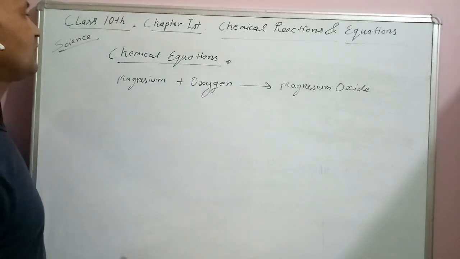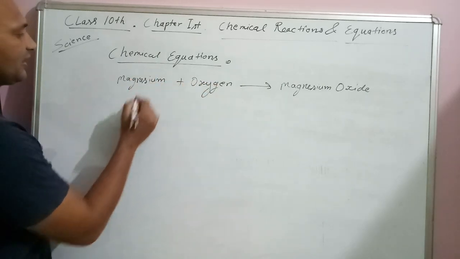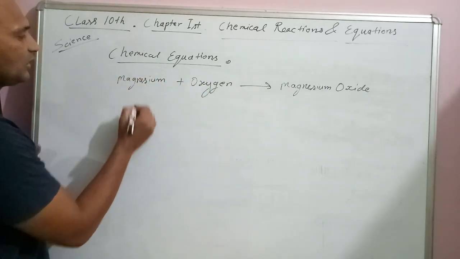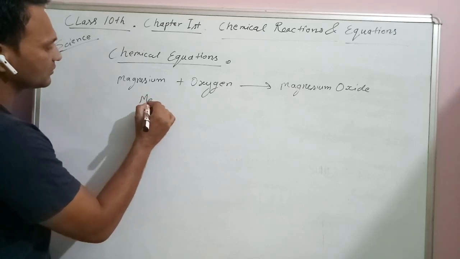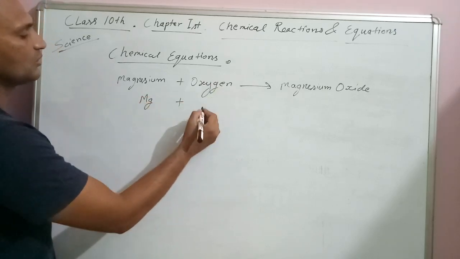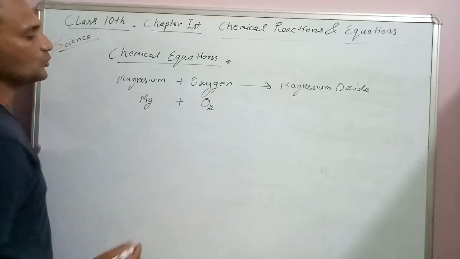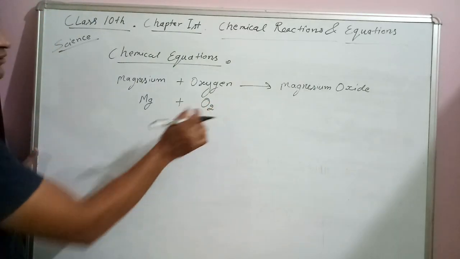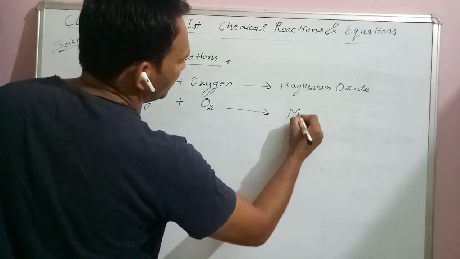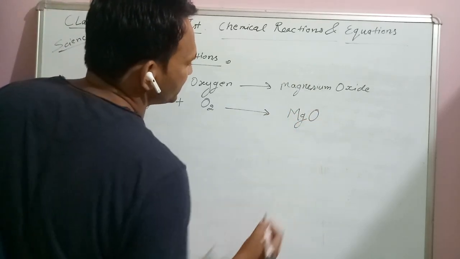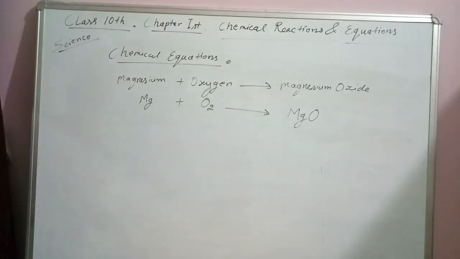In the form of a chemical equation, if we write the symbols or formulas, the symbol of magnesium is Mg, plus oxygen O2, written in molecular form, arrow, the formula of magnesium oxide is MgO.